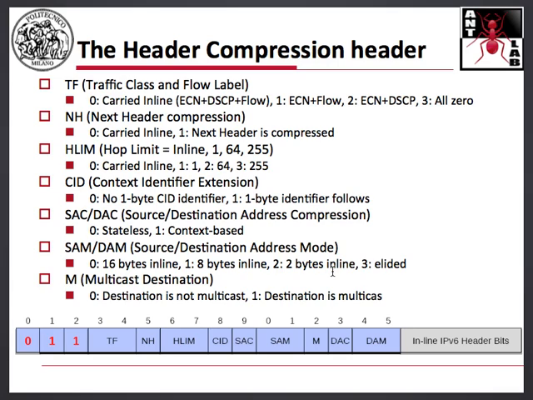This context can be stateless, meaning the three contexts I showed to you, so either everything in line, or you remove 64 bits, or you remove 112 bits, or you can specify the context, okay, by adding here an additional 4-bit field, okay, to tell what the context should be. So to signal what should be the number of bits which are elided from the prefix of the IPv6 headers. Okay, we'll see some examples, so it might be more clear here.